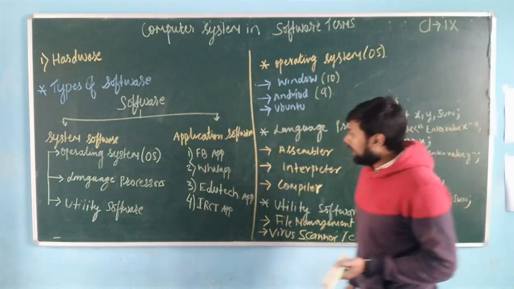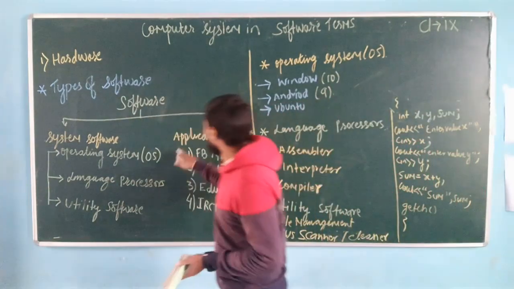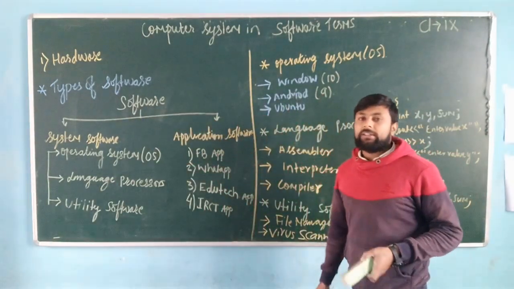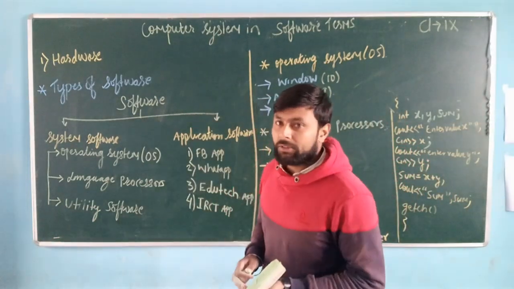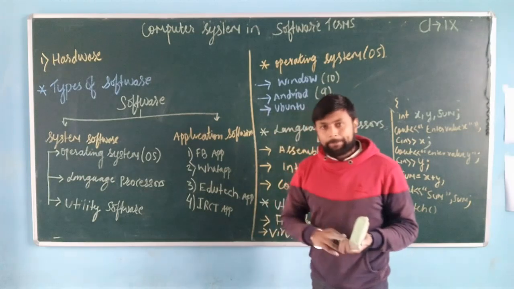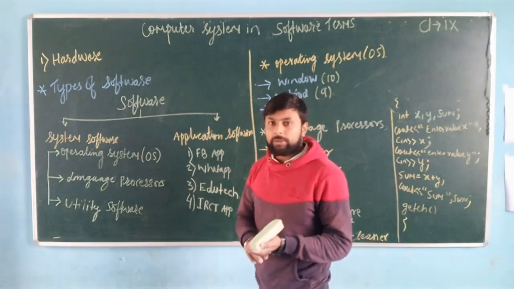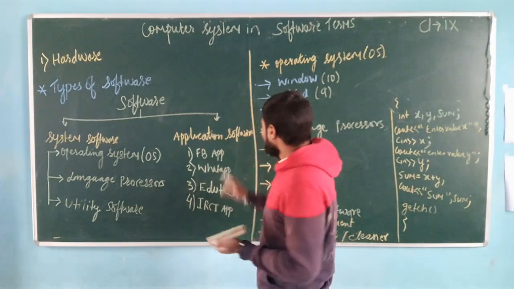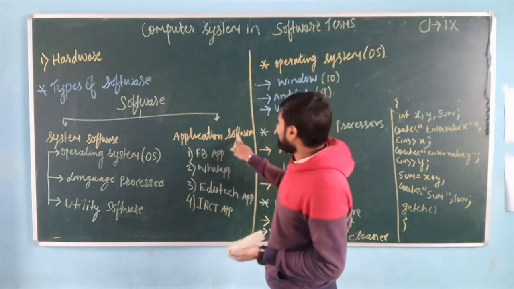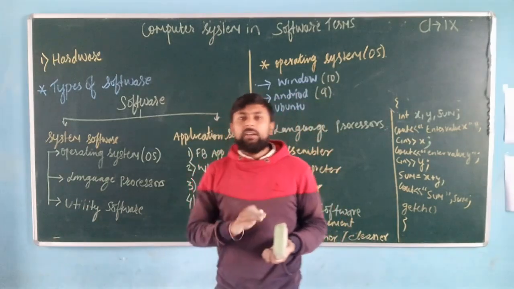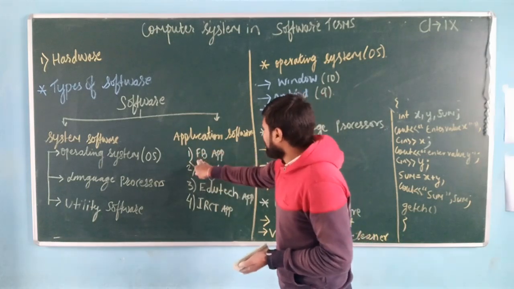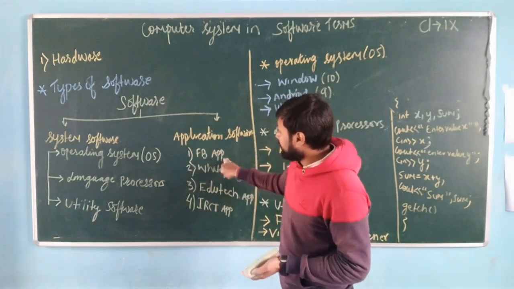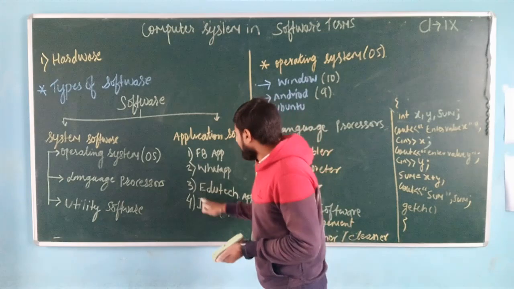I think this part is over. Now come to the application part. Today most people are using mobile phones, and all have apps on their mobile phones, like the WhatsApp and Facebook apps. So this is application software, mainly for apps.